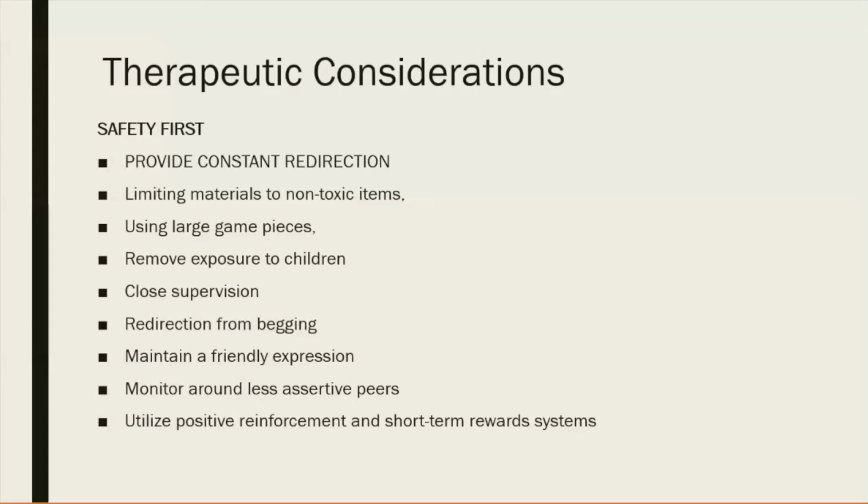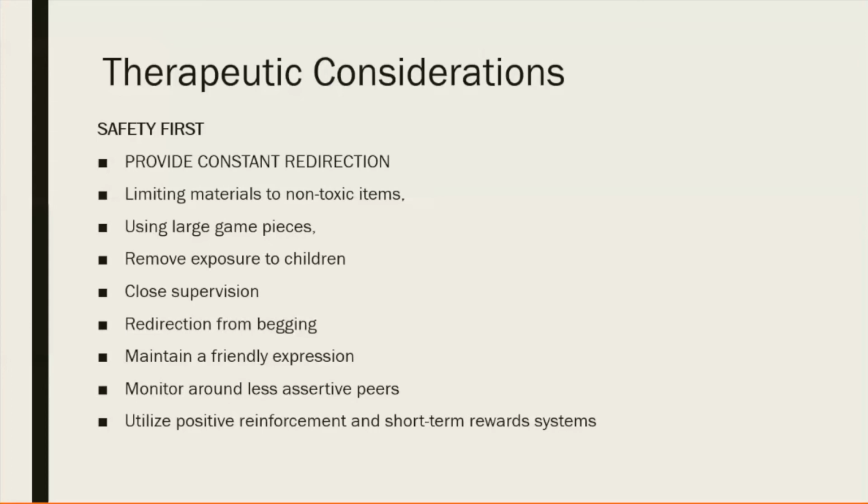We really want to limit materials to non-toxic items, right? Because we talked about how people are experiencing those hyperoral behaviors, and that can mean that the kinetic sand you're working with looks delicious to them, right? Making sure our paints are non-toxic, right?